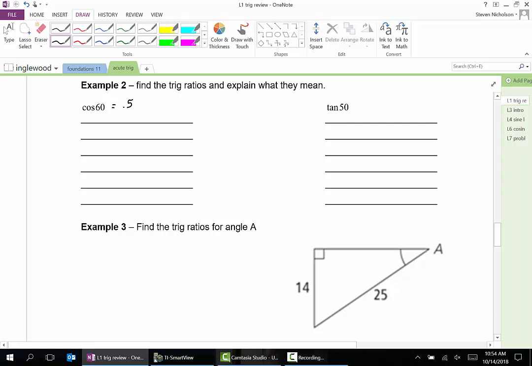The cosine of 60 degrees is 0.5. And again, what this says is the side adjacent to, so that's the cosine ratio, adjacent to the 60 degrees is 0.5 times bigger, or as large, as the hypotenuse.